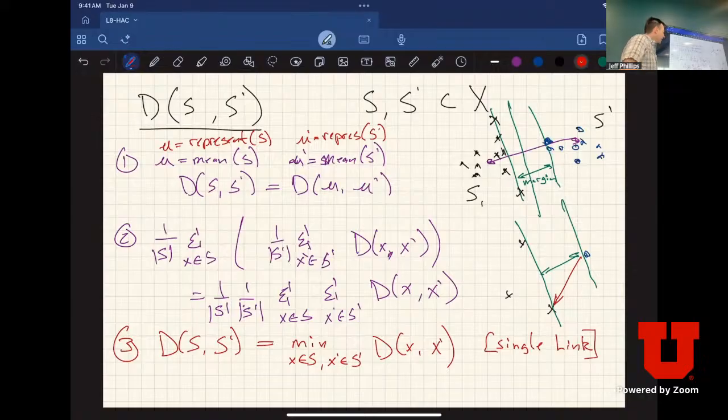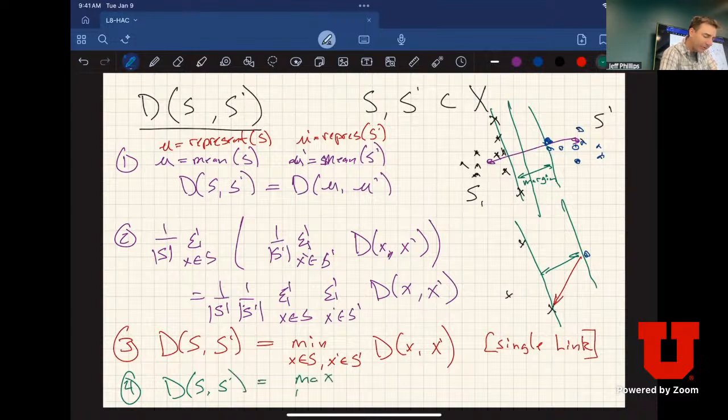Okay, and then there's another one that's kind of like this that I will write up here as the other most common one. For S and S prime, replace this with the max. And this is called complete link.